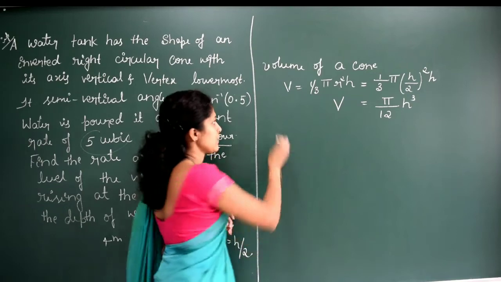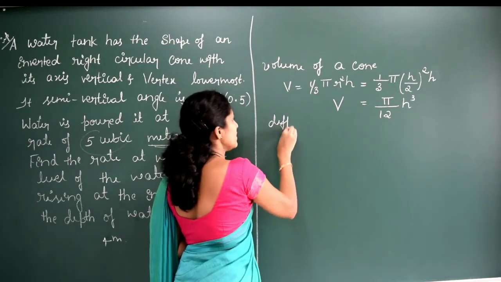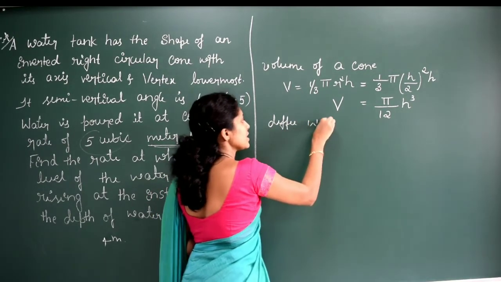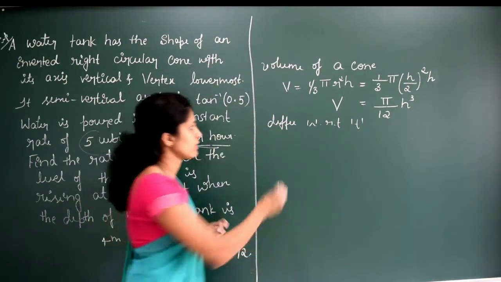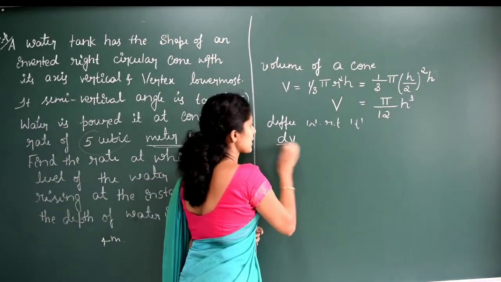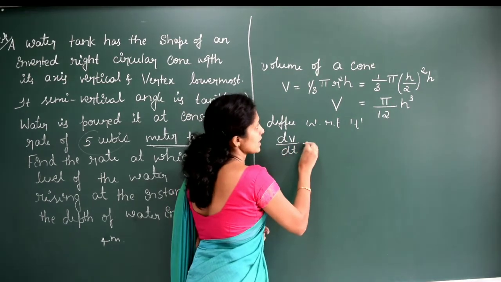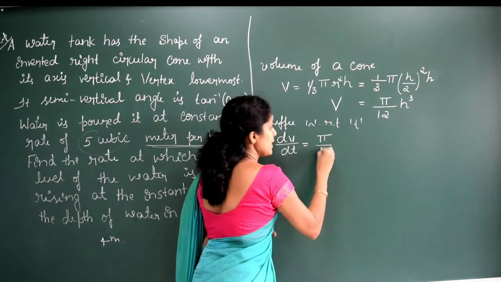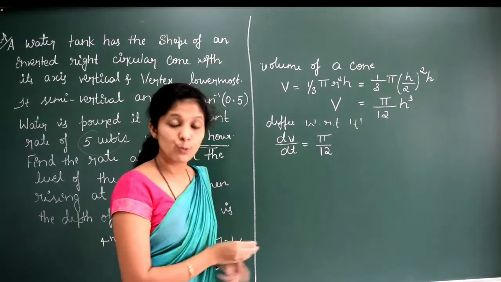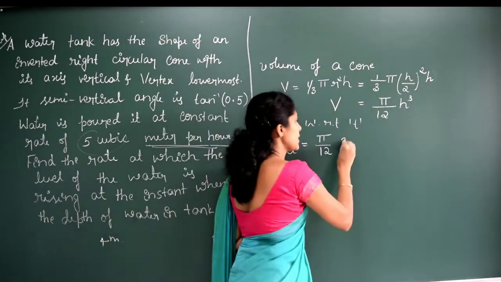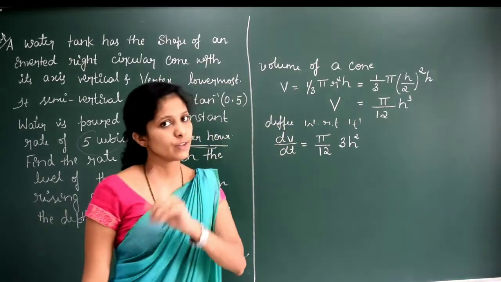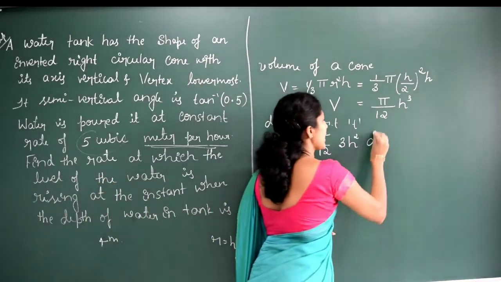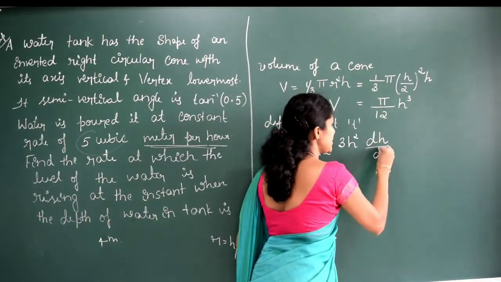Now we will differentiate with respect to t. Is it clear? Differentiating with respect to t, the derivative of V with respect to t will be dV by dt. So this is equal to pi by 12 times the derivative of h cube with respect to t, so this will be 3h square into the derivative of h with respect to t, which is dh by dt. Is it clear?